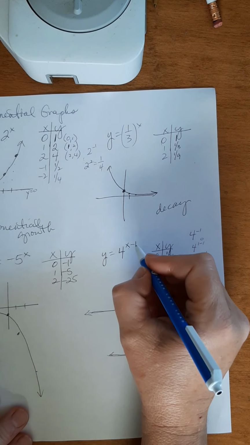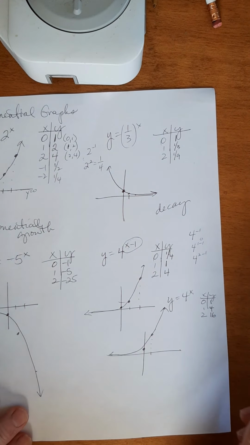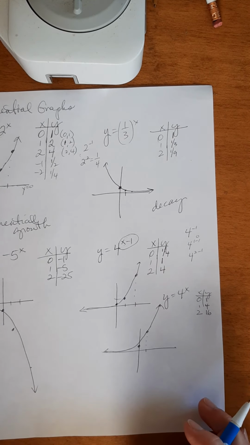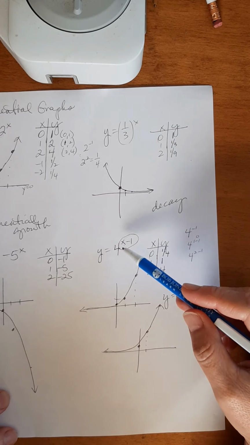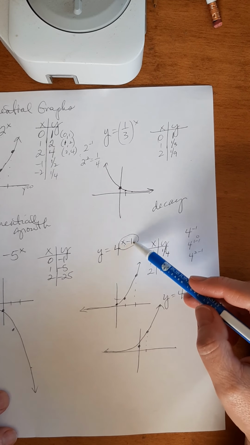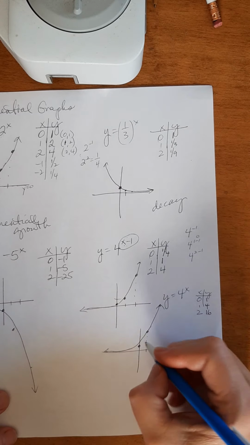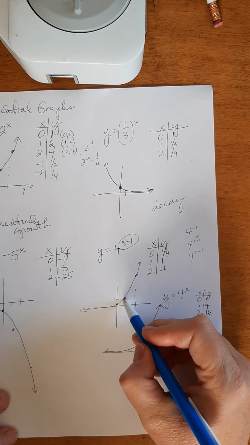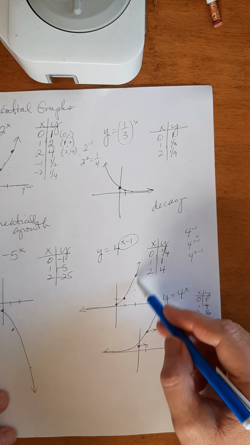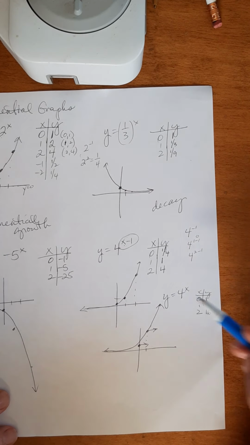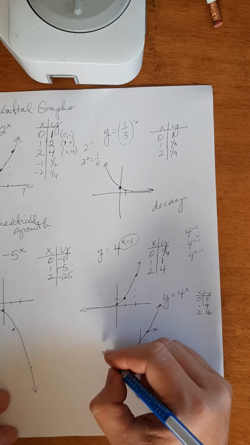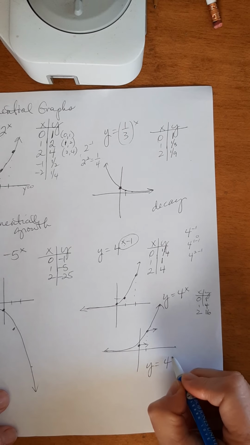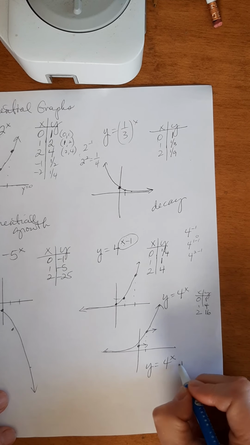And then the negative 1, remember, if it's with the x, you do the opposite, left or right. If it's on the end, as is, up or down. So if you shift this to the right 1, notice how you would get this graph. You could do this graph and then shift it over 1. Just like if they gave you 4 to the x plus 2.